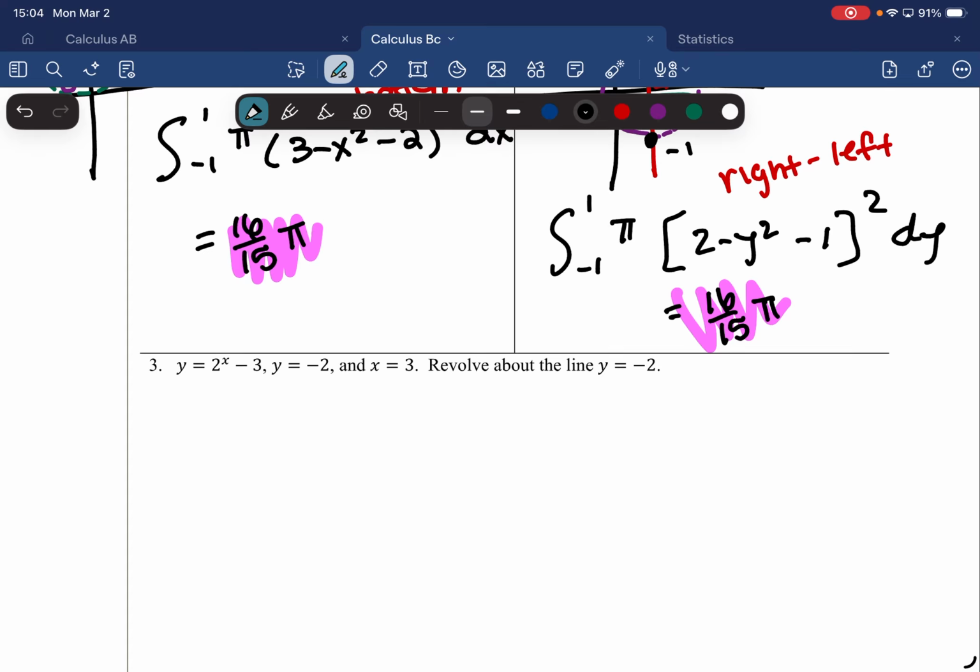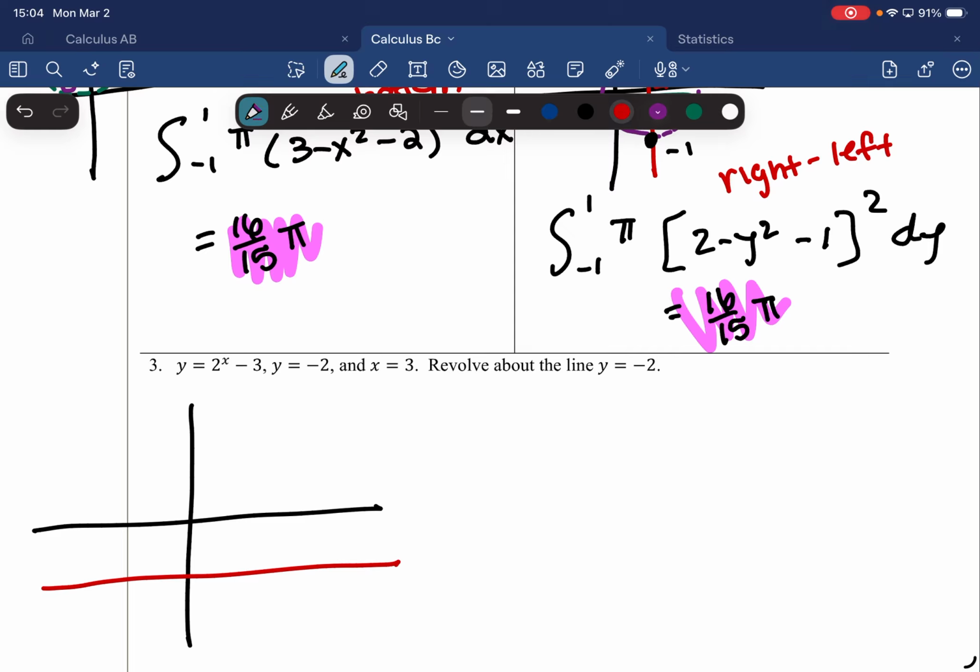So first thing I do is I always draw my graph. Once I have my axes up, I'm going to do the equation 2 to the x minus 3. Actually, let me do y is equal to negative 2 first. It doesn't really matter which one, but I need these boundaries to help draw 2 to the x minus 3.